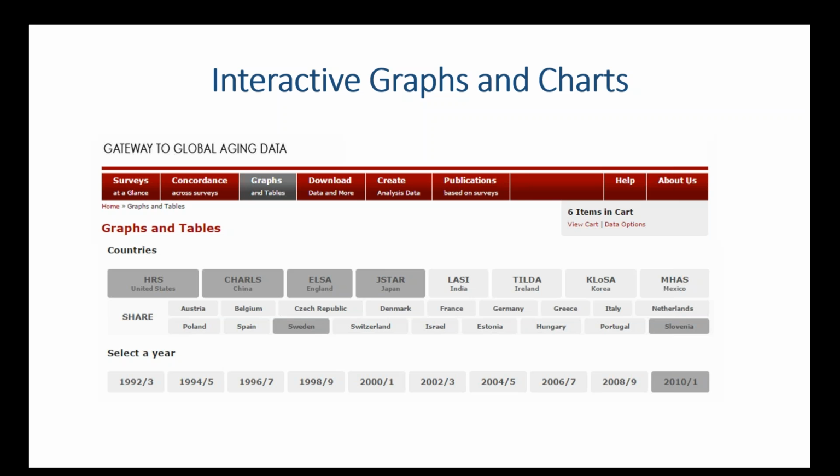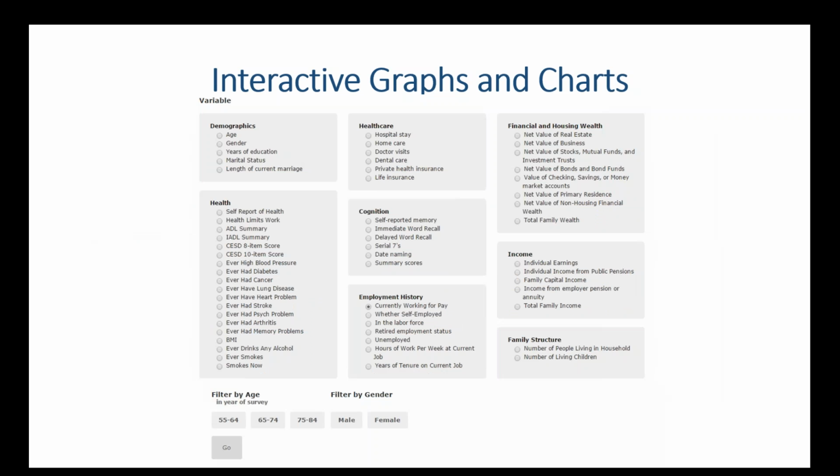But if you want to look at what can be compared, what countries are included, what the measures are, then you can use these interactive graphs and charts. You can see we have certainly not all survey measures, but we have a set of survey measures, and we're going to be expanding these in the next month or two, which we think are pretty comparable between different countries. They were asked enough in the same way that we could really produce a graph that compares these between different countries. And then you can also filter by age or by gender.